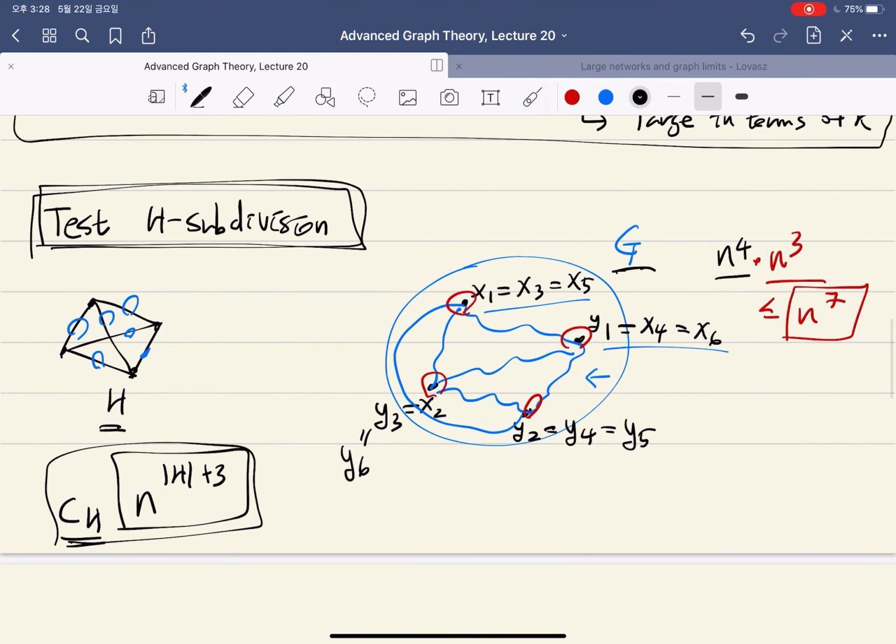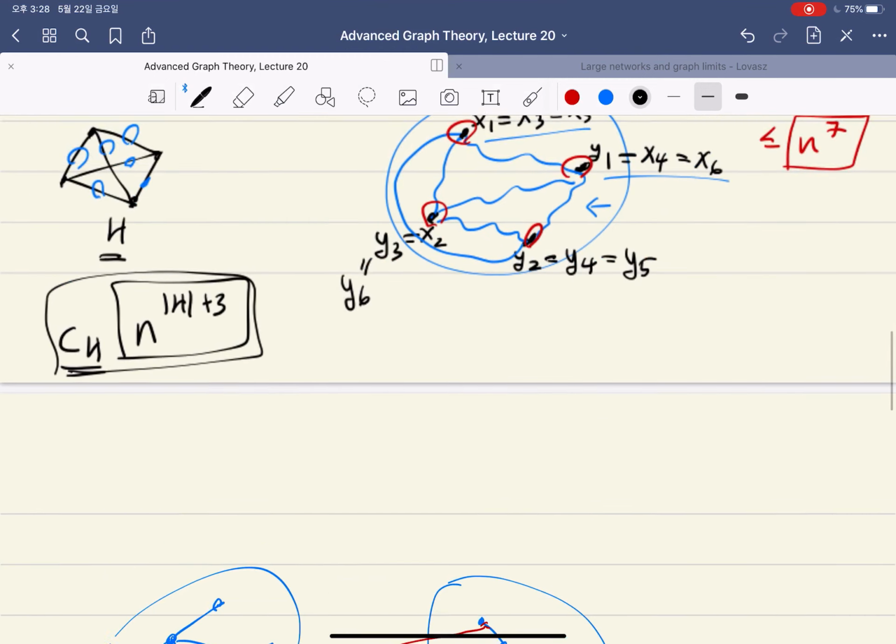But for the minor case, here you have to pick these 4 branch vertices, and then you check the edges between.